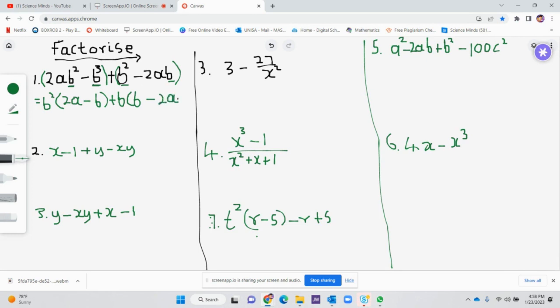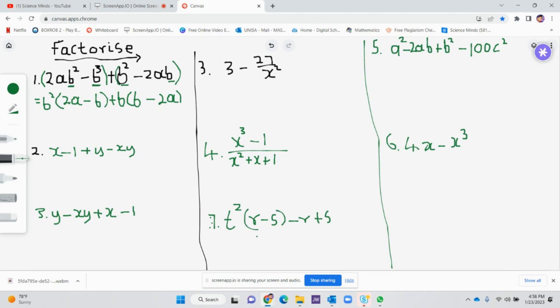So this grouping, after taking out the first common factor, should be in such a way that what's inside the brackets is the same. So in our case, we have positive 2a minus b. We have positive b minus 2a. So they don't look the same, but they look similar. The only difference is the signs.